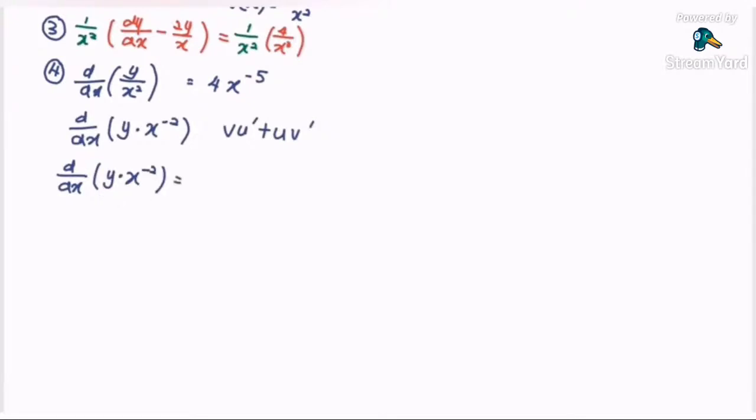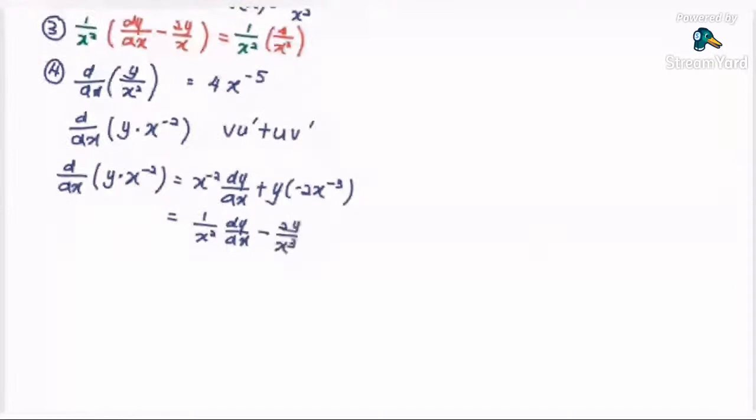Differentiate the u, which is y, meaning that we obtain dy/dx, plus copy the u, which is y, and differentiate the v, which is x to the power negative 2, so we obtain negative 2x to the power negative 3. Rewrite the situation: we have 1 over x squared dy/dx minus 2 over x cubed multiplied with y.